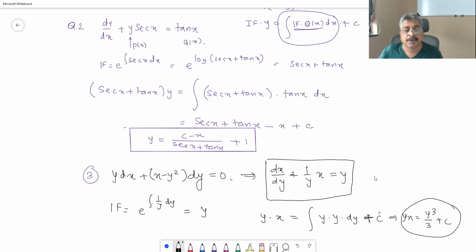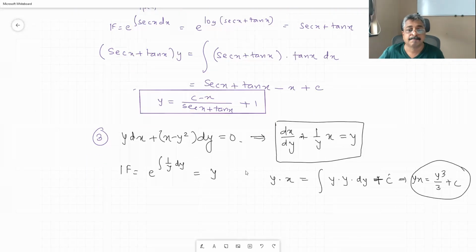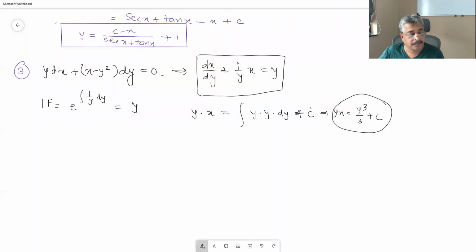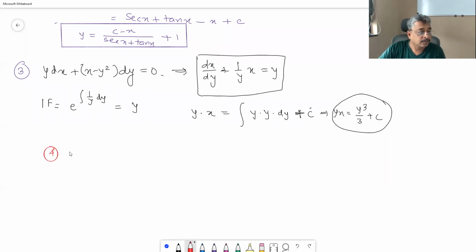Let us solve a few more so that you are used to solving FOLD, and FOLD is a favorite of IIT people. They ask questions on this. Okay. Fourth problem. 1 minus x square dy by dx plus 2xy is equal to x into 1 minus x square raised to half.